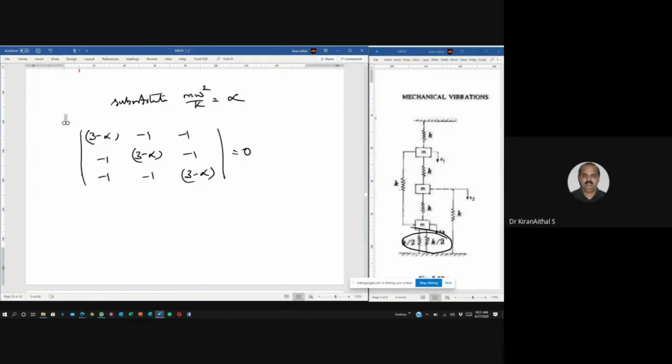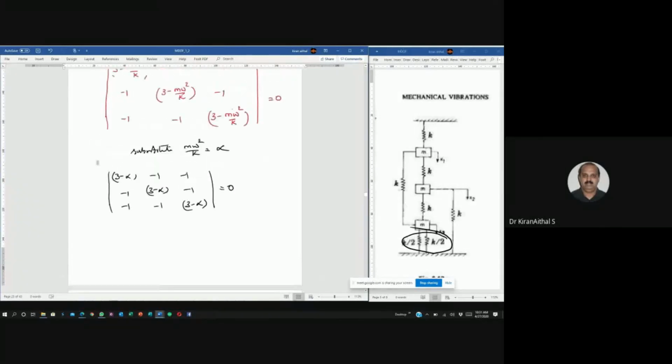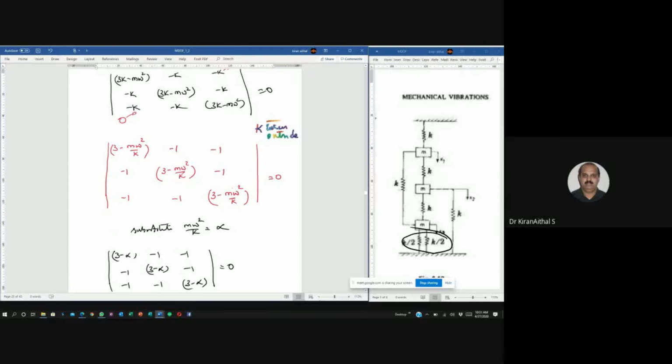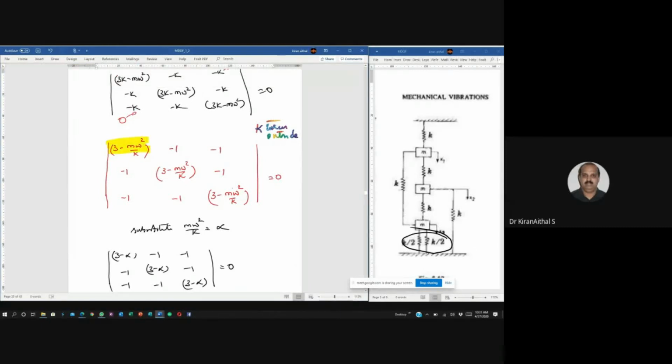Alpha is m omega square by k, I have put that one. So the only step where most of the people will find difficulty is the m omega square by k. So you have to be a little bit careful, especially this particular part.